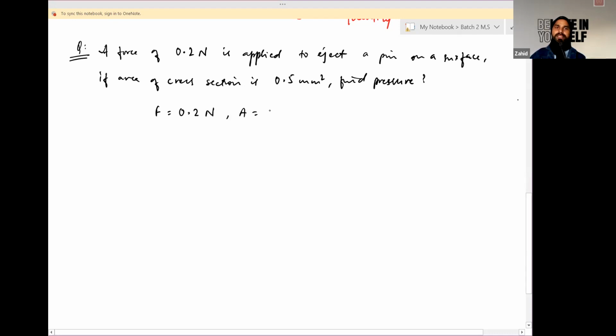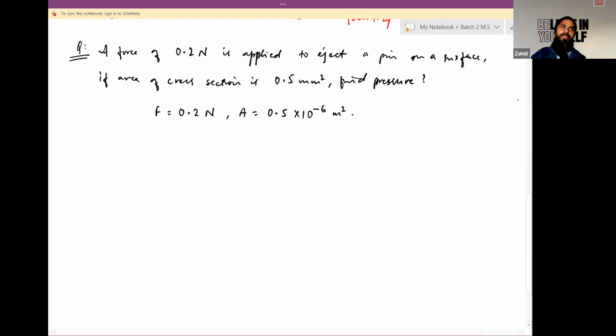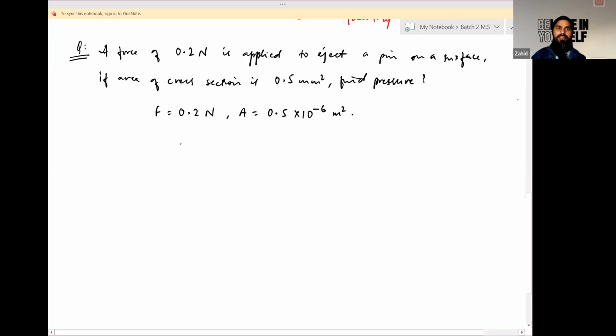Area of cross section is 0.5 mm square. So multiply this whole term by 10 to the power minus 6, to convert it into meters squared. Now use the above formula for pressure and simplify it. Pressure equals force divided by area of cross section. Force is 0.2. Area is 0.5 into 10 to the power minus 6.